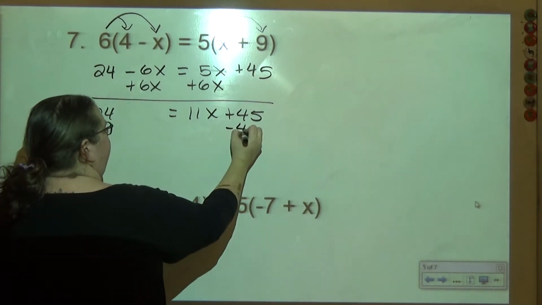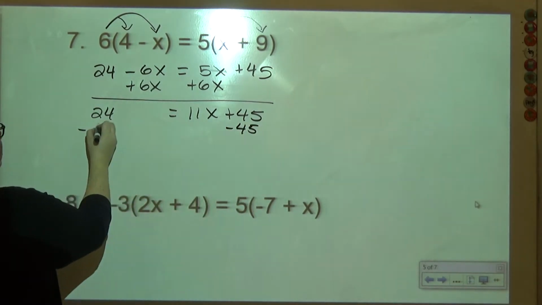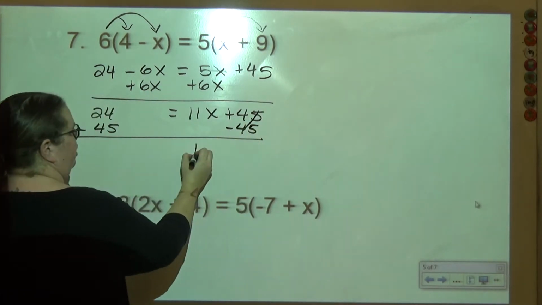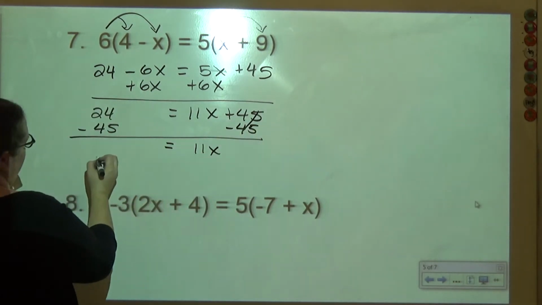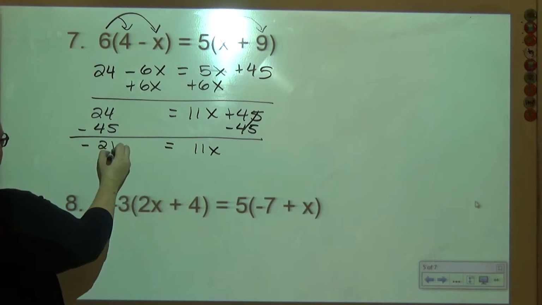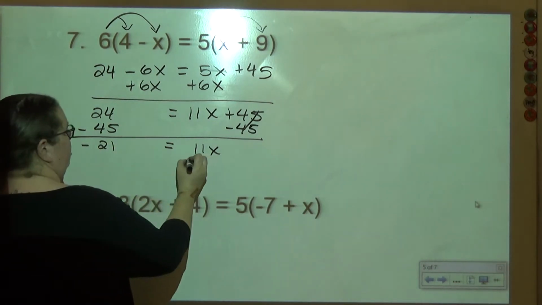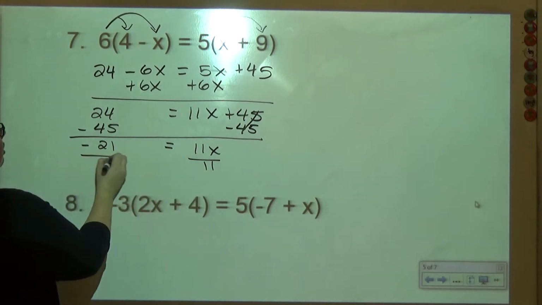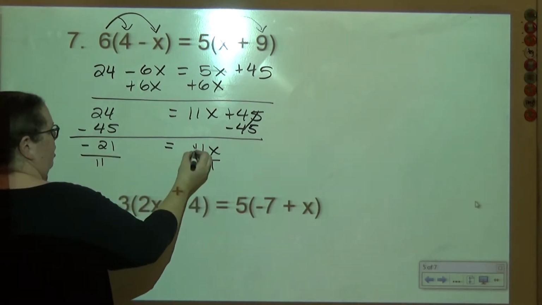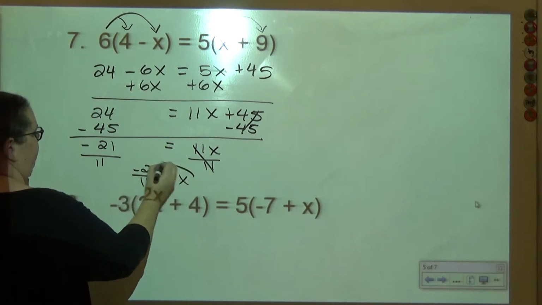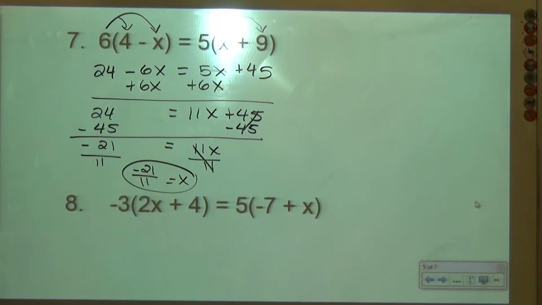Minus 45. 11x equals negative 21. Divide by your coefficient. X equals negative 21 over 11. Yeah, we didn't make a mistake, right? No, it worked out weird.